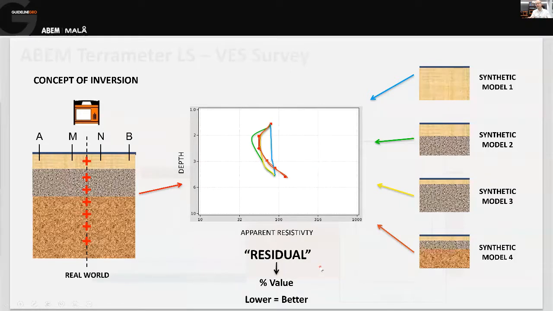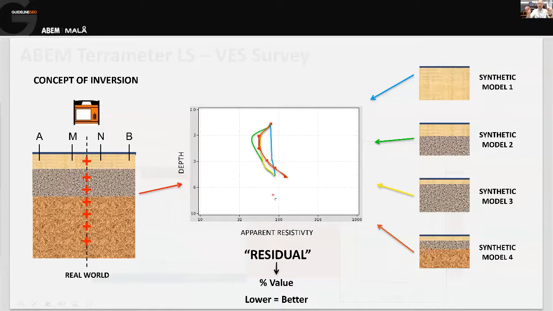So theoretically, lower is better, but there is one caveat. There's one thing we need to remember. Lower is only better if the model that we get is geologically realistic. So we need to know something about the geology of the site that we're on to know that this model is truly what we were working above. Different models could produce similar curves.